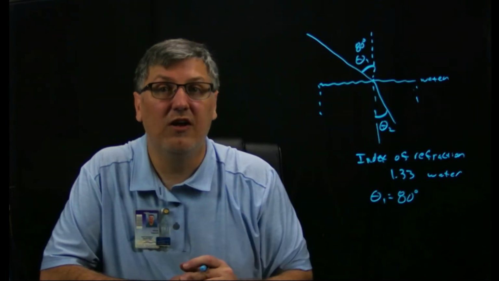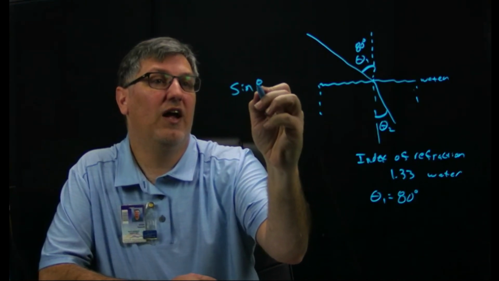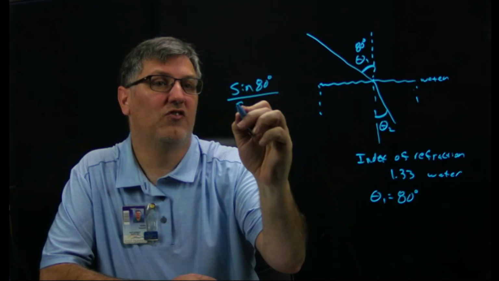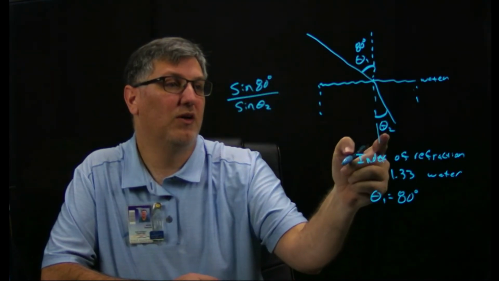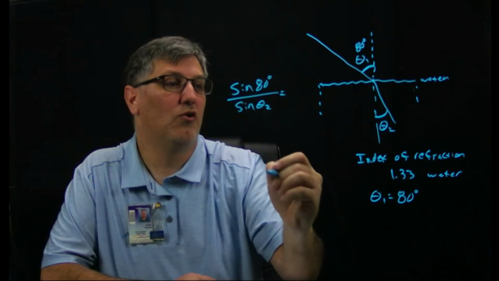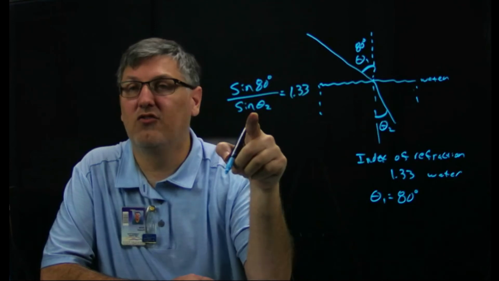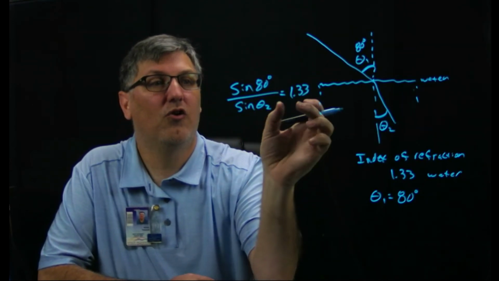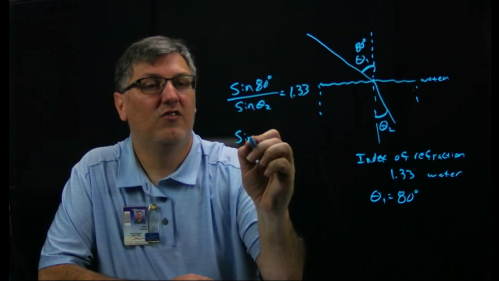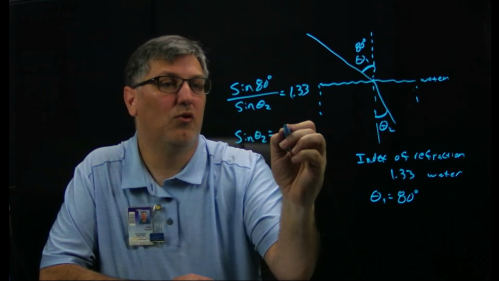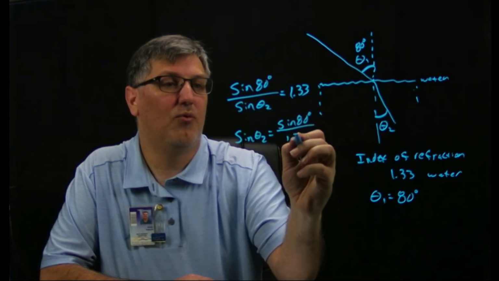Well, we're going to use Snell's law. We're going to do sine of 80 degrees over sine of theta sub 2, because that's what I'm looking for, equals my index of refraction, which is 1.33. I'm trying to solve for sine of theta sub 2, so because my unknown's here, I can just swap these and say sine of theta sub 2 equals sine of 80 degrees over 1.33.